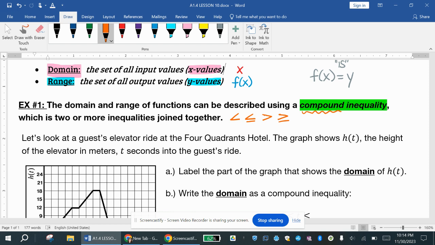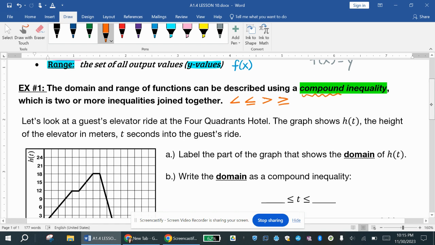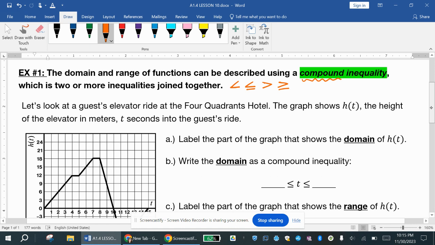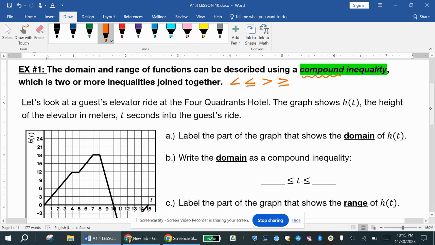You might have also seen the word compound in science, right? Water is a compound of hydrogen and oxygen, H2O. So a compound inequality is just made up of two or more things, just like a compound sentence or a compound in science. All right, so let's take a look at how we can write domain and range using compound inequalities for today. That's our goal.